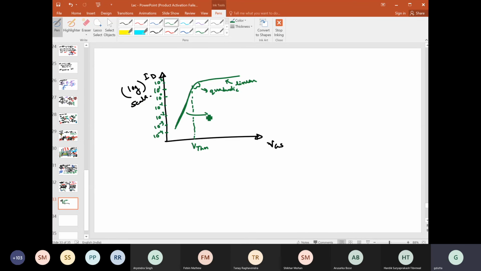So obviously in this region, the dependence of the drain current on this VGS is exponential, right? Because this is log scale. So here ID is dependent on the exponential of this eta. Eta is some parameter.